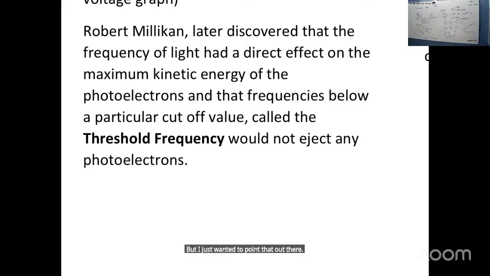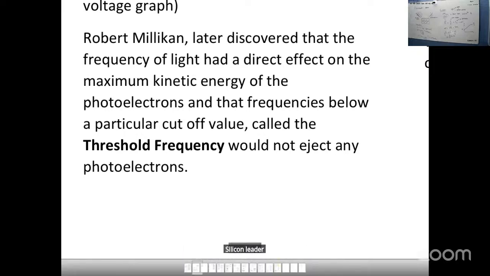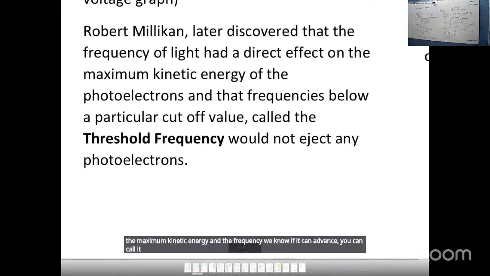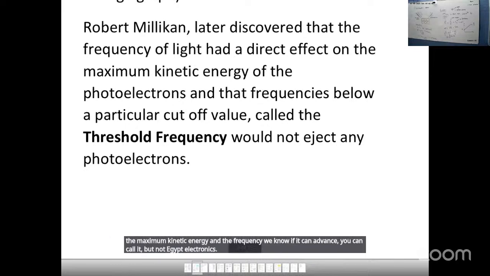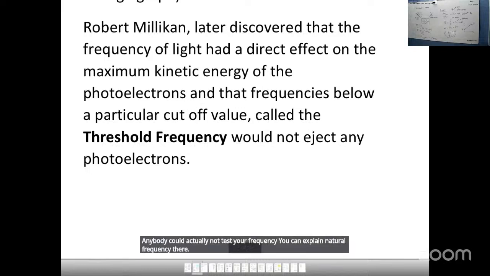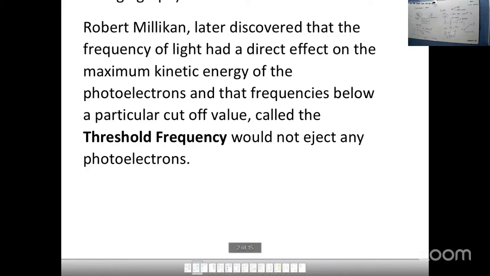Robert Millikan later discovered that the frequency of light had a different effect on the maximum kinetic energy, and a frequency below a particular value called the cutoff will not eject electrons. Anybody can explain that threshold frequency?